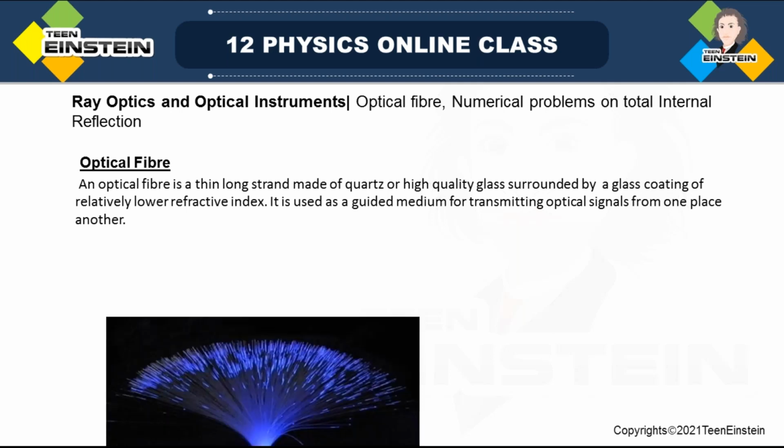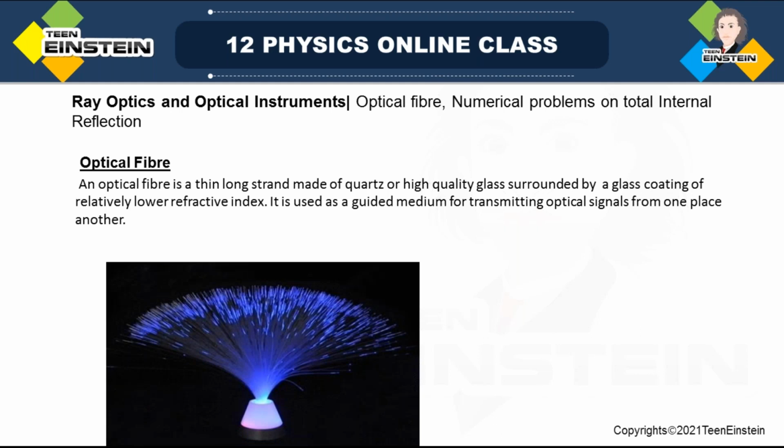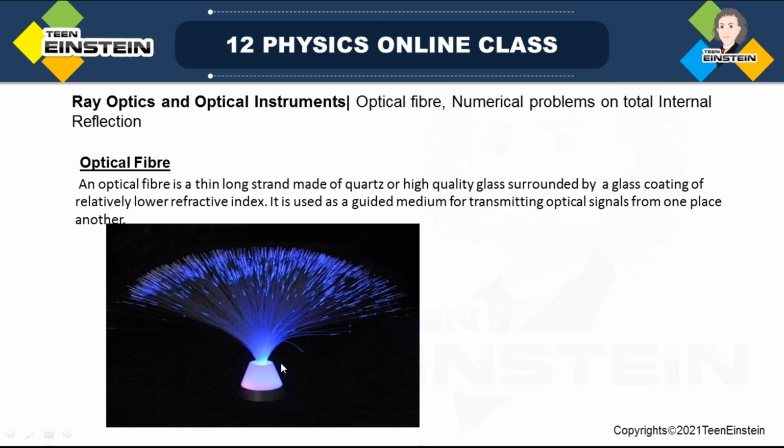So what happens? As I said, these optical fibers are used to transmit light. Transmit light means light will be going through them without any attenuation, in the sense without any loss.